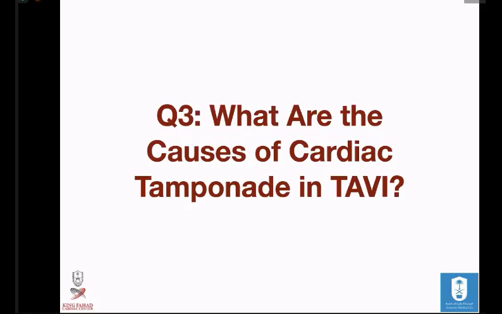Any volunteers? I can take it, Doctor. So the first cause is annular rupture of the aortic valve. The second cause, when I use the stiff wire, maybe perforation of the LV.